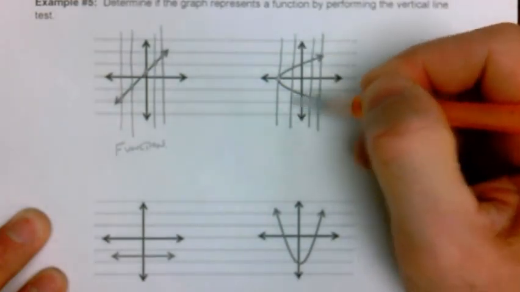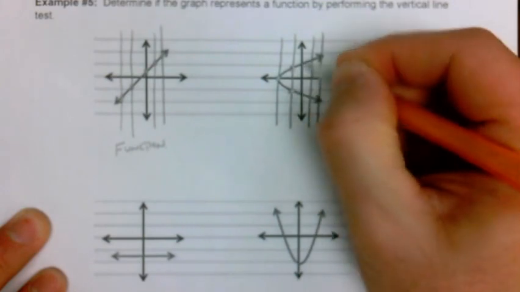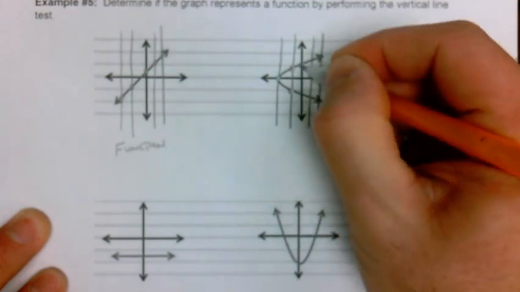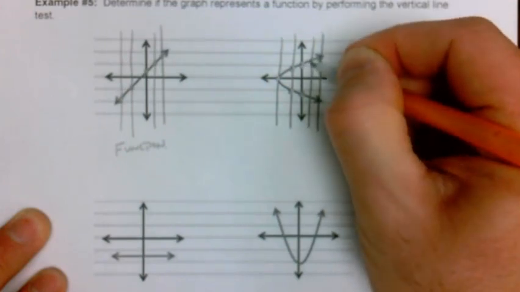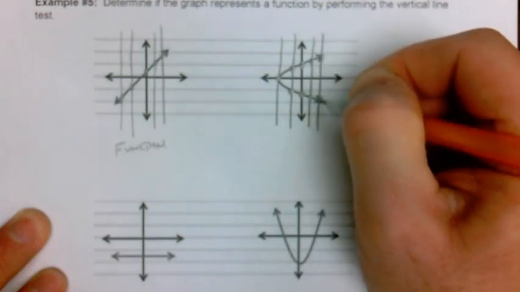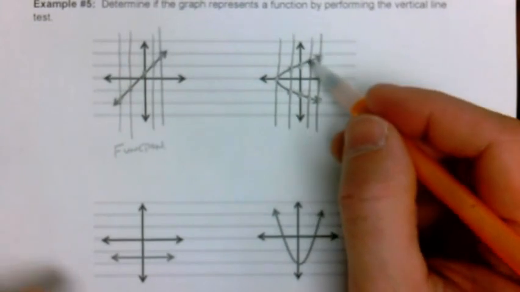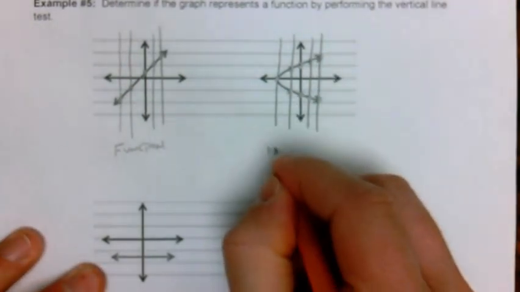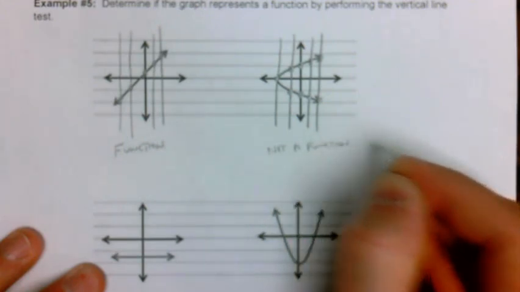This vertical line hits the relation in two places, there and there. This vertical line hits in two places. This vertical line also hits in two places, as does this vertical line. It hits in two places. We have many vertical lines that hit in more than one place on my relation, so this is not a function. This one failed the vertical line test.